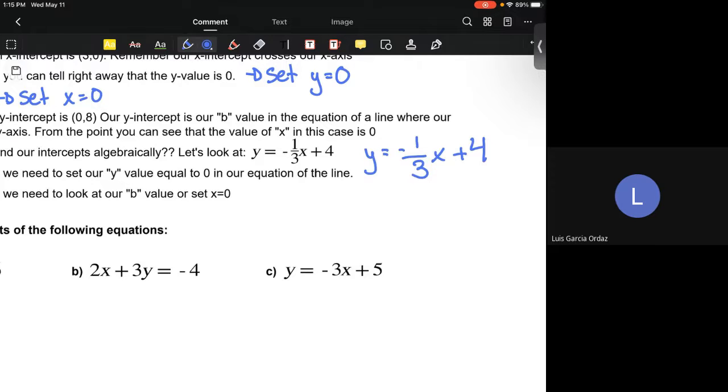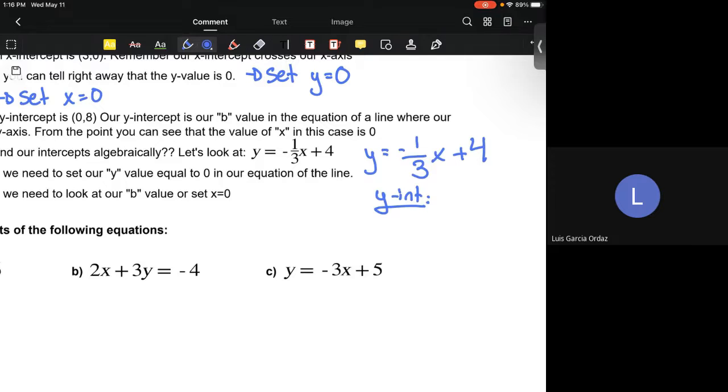Really? Yep. So for my Y-intercept, what am I going to do to find my Y-intercept? What do I have to set X equal to? Sean? Yeah, what do I have to set X equal to, if I want to find my Y-intercept? I think we have to set it to like 0.